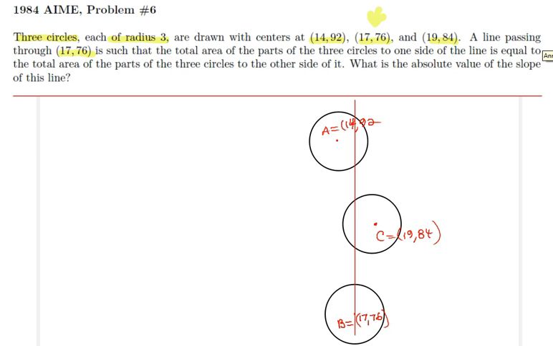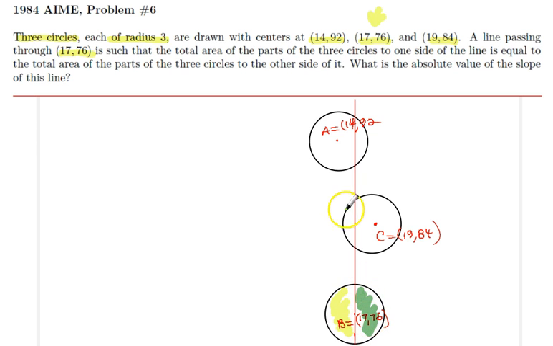So here is the trick. As I said earlier, we know for sure that the red line will be a diameter for circle B. So as a result, it will naturally split it into 2 pieces. This piece will have equal area with this piece.